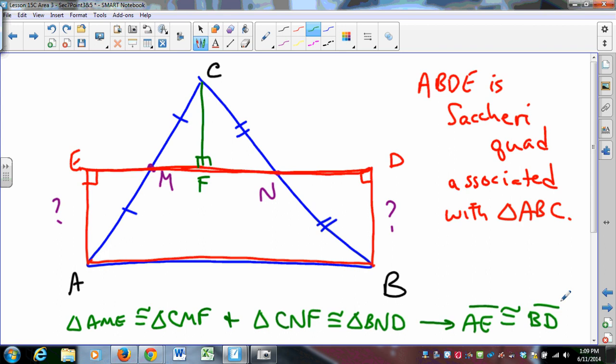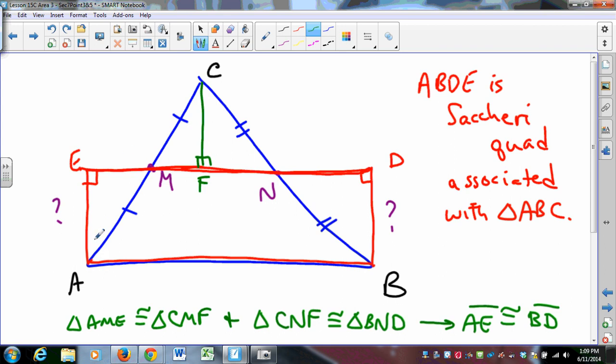I think you should be able to finish putting that proof together. It's not terribly difficult. Now, why do I give a rip about Saccheri quadrilaterals? Well, because the area inside the Saccheri quadrilateral is the same as the area inside the triangle. Because this triangle is outside the quad, but this triangle is inside the quad and outside of triangle ABC. Similarly, over here.